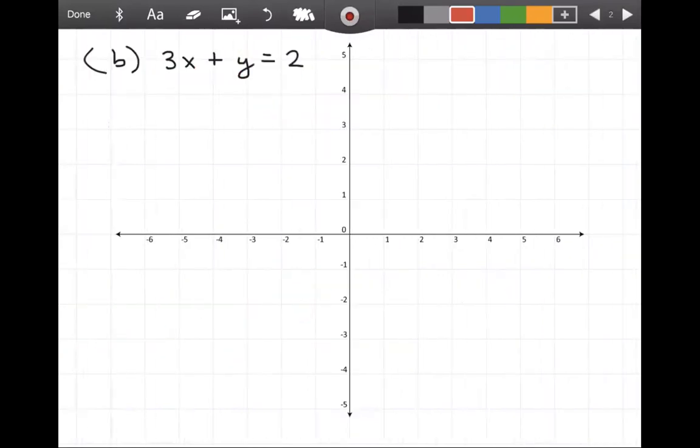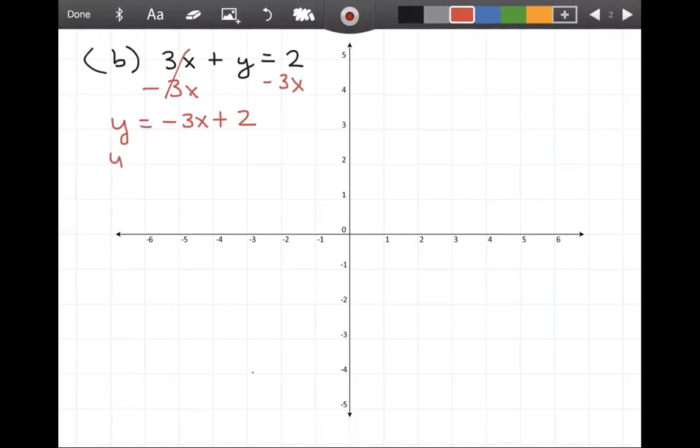Next example, 3x plus y equals 2. With this one, just notice that the equation is not written in slope-intercept form. So first we have to put it in slope-intercept form. We'll do that by subtracting 3x on both sides, which is going to give us y equals -3x plus 2.